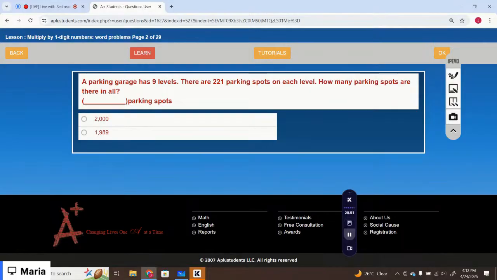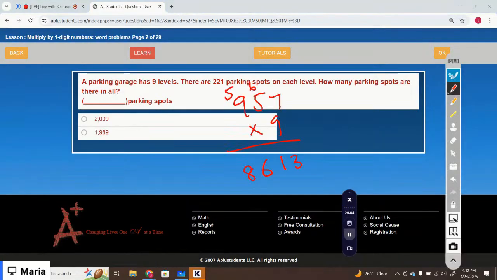A parking garage has 9 levels. There are 221 parking spots on each level. How many parking spots are there in all? So you have to do 221 times 9. So which is the correct option?